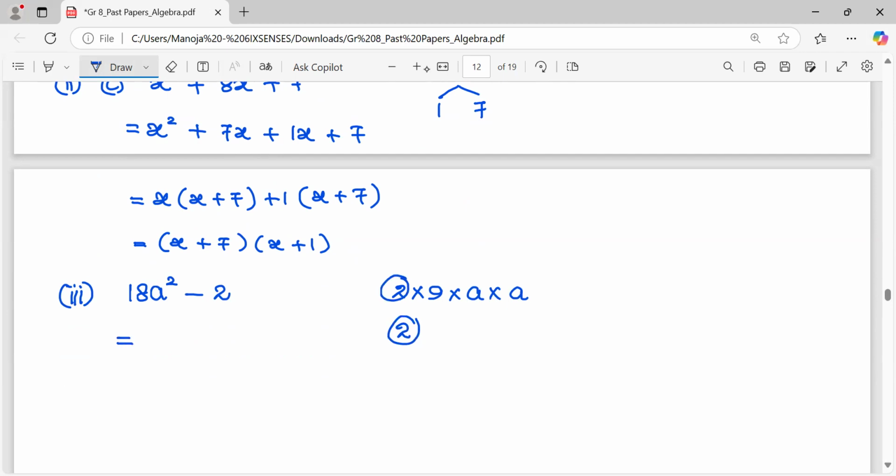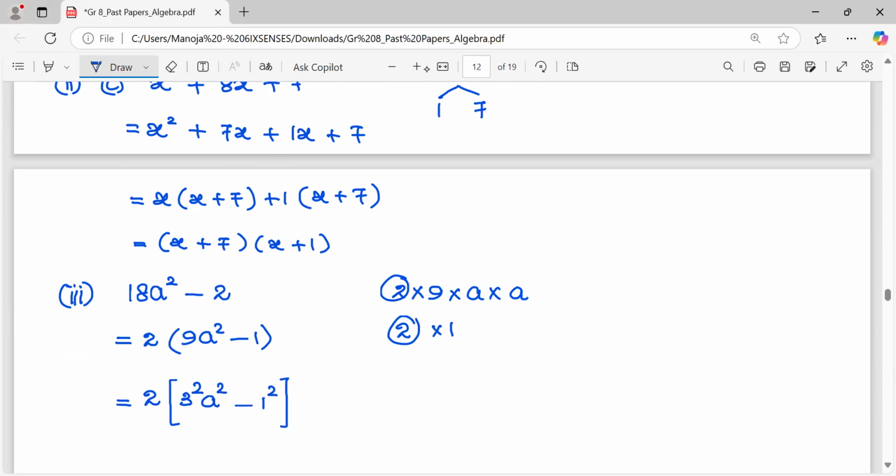I take 2 out. Then I have 9a squared minus 1. Then I can write it in a different way, now using a box bracket. How? 3 squared a squared minus 1 squared.